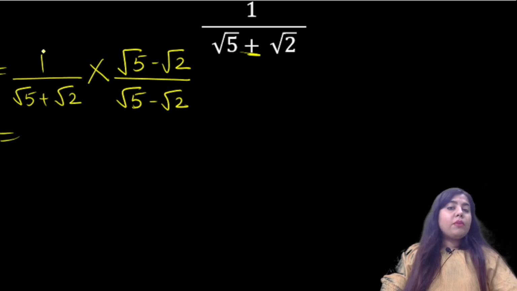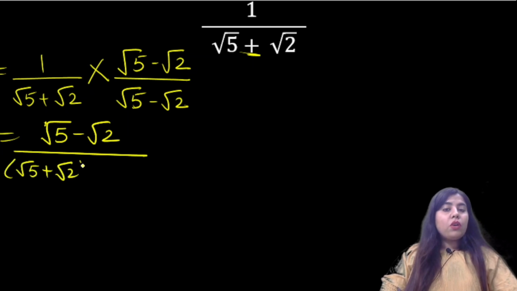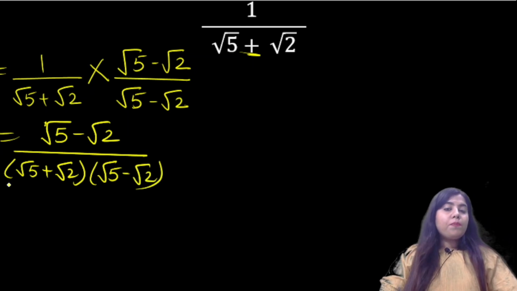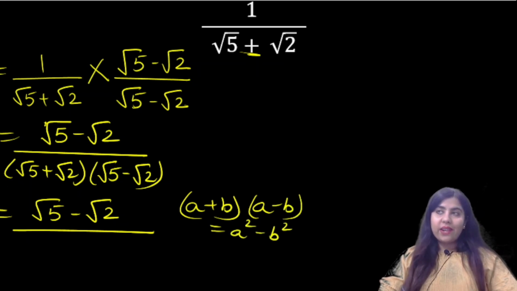Now in numerator we have 1 and root 5 minus root 2. So 1 multiplied root 5 minus root 2 is root 5 minus root 2, and in denominator we get root 5 plus root 2 into root 5 minus root 2. Now numerator as it is root 5 minus root 2 by, it is again a plus b into a minus b, and it is equals to a square minus b square, right?